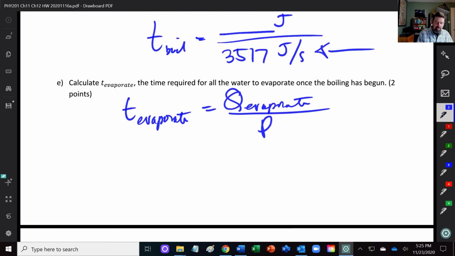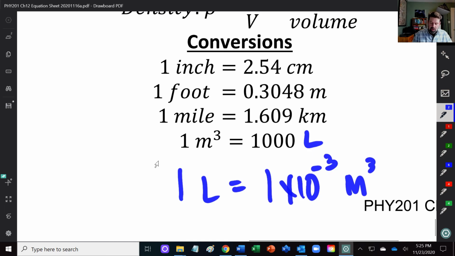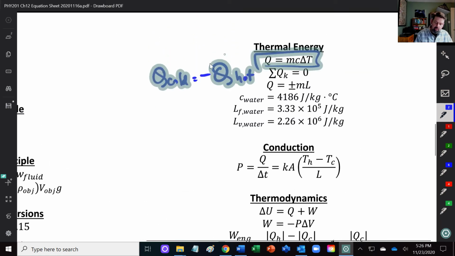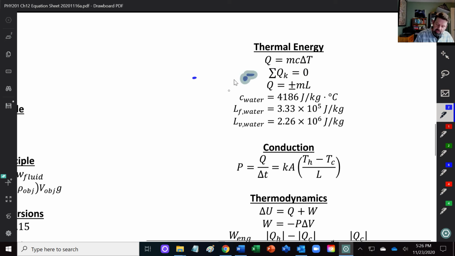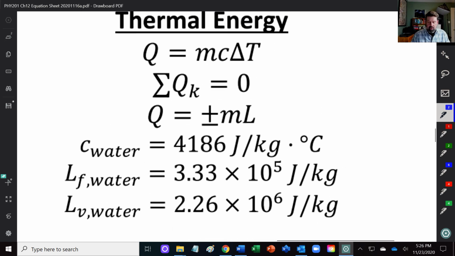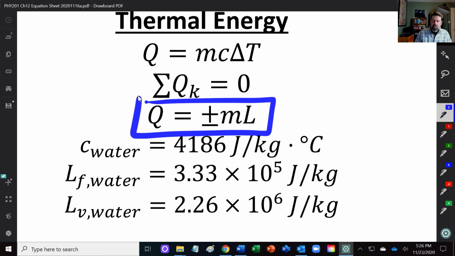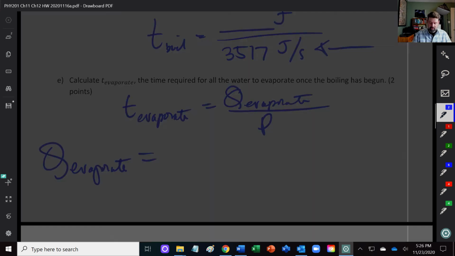What is the heat required to evaporate? Well, in this case, we are undergoing phase change, so we aren't using our old friend Q equals MC delta T. We are instead using our very simple latent heat equation, Q equals M times L, where L is the latent heat of either fusion or vaporization, and it's going to be vaporization.